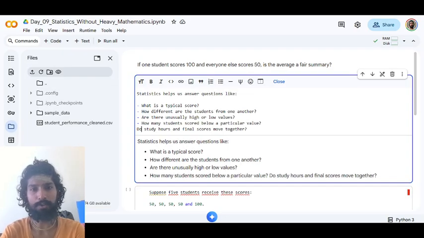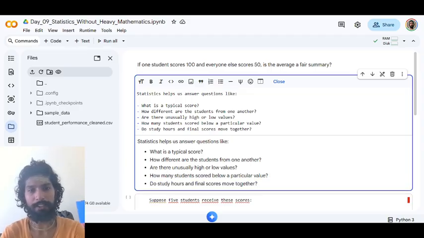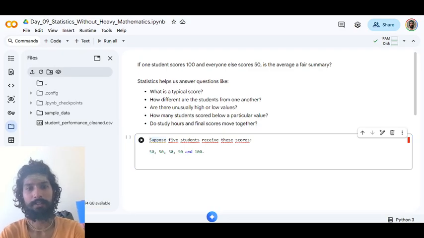How many students scored below a particular value? Do study hours and final scores move together? So these answers we can get by statistics. Statistics help us move from simply looking at data to interpreting it. However, statistics does not automatically provide the correct conclusion. We must still use context, caution, and common sense.